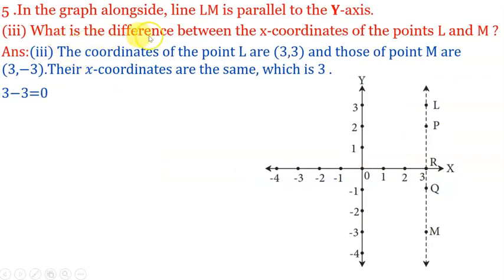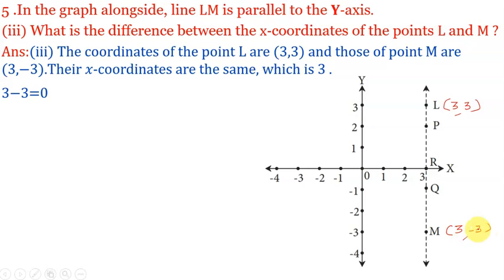Next, what is the difference between the x coordinate of points L and M? Okay, now if we look at the coordinates of L here, the coordinates of L are 3 and 3. And what about M? The coordinates of M are 3 and -3.